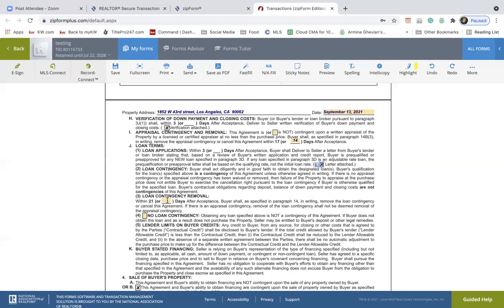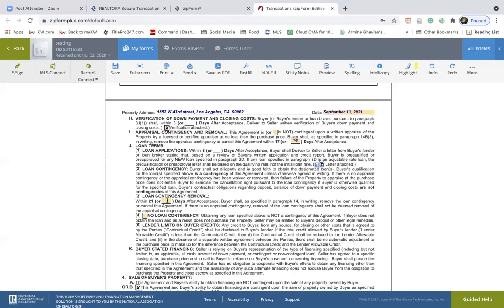So in my opinion, when you're talking to the lender before writing the offer, you ask them, how many days do you realistically need in order for this loan contingency to be removed? And most lenders will tell you they need at least 17 days or 21 days.